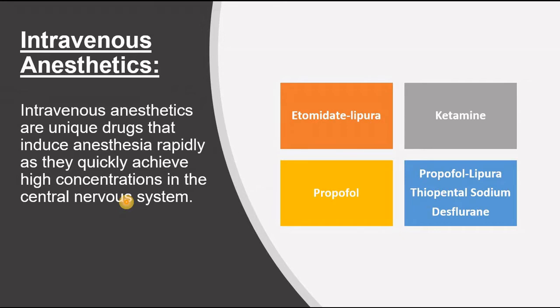It creates a very good and quick effect in the central nervous system. I hope it is clear that intravenous anesthetic drugs are those which are given in the veins, quickly achieve high concentration in our central nervous system and create their effect.